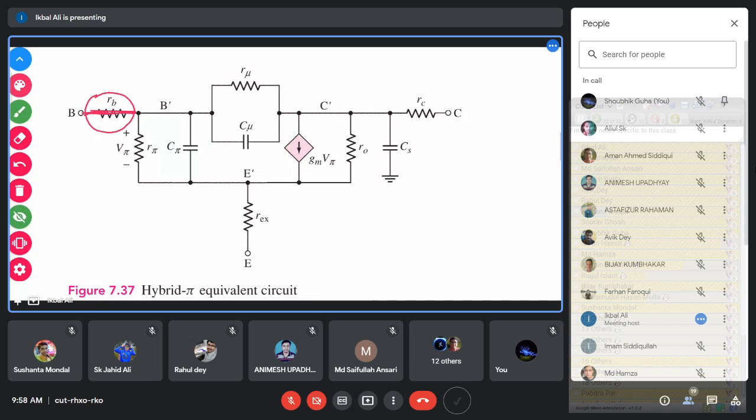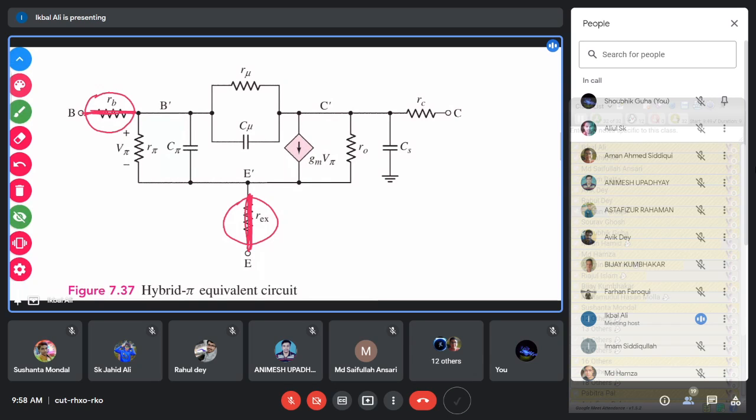Similarly, this REX resistance is also the n material resistance of the emitter. This resistance also has a value of 1 to 2 ohm, so you can assume it is short circuited, zero resistance.